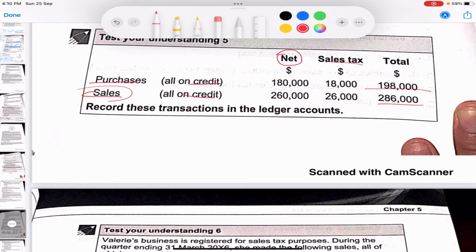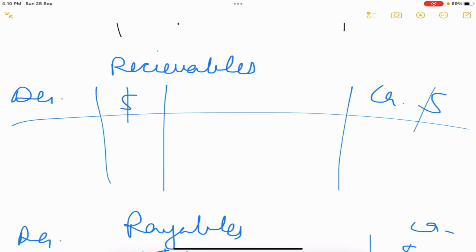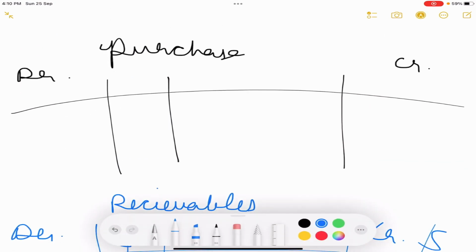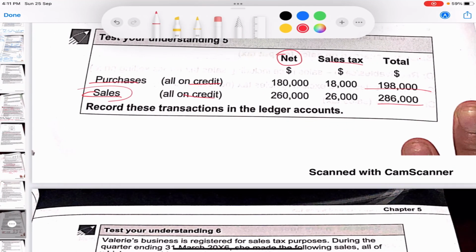Okay. So we are purchasing something. What will our journal entry be? Purchases to cash or what? Purchases to payables. Since this is a credit transaction, the purchases account gets debited and the payables account gets credited. With how much value? Which value are we going to consider? 180.